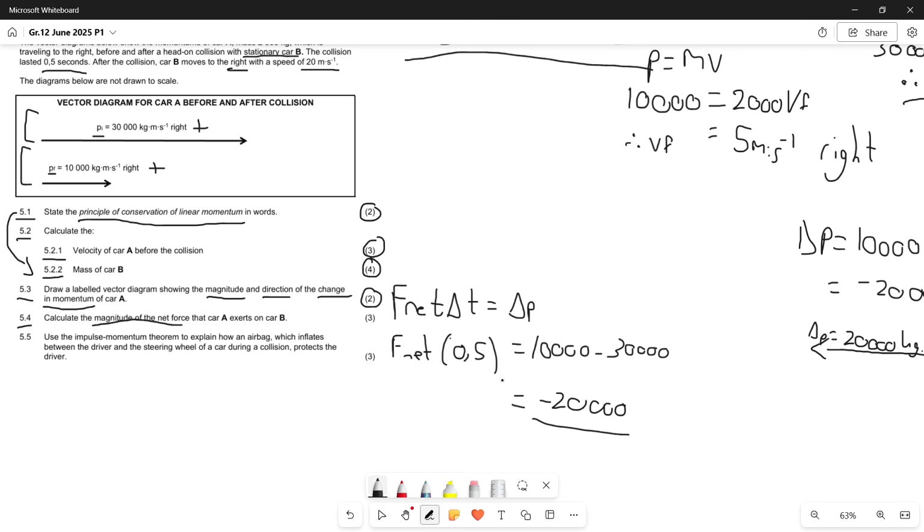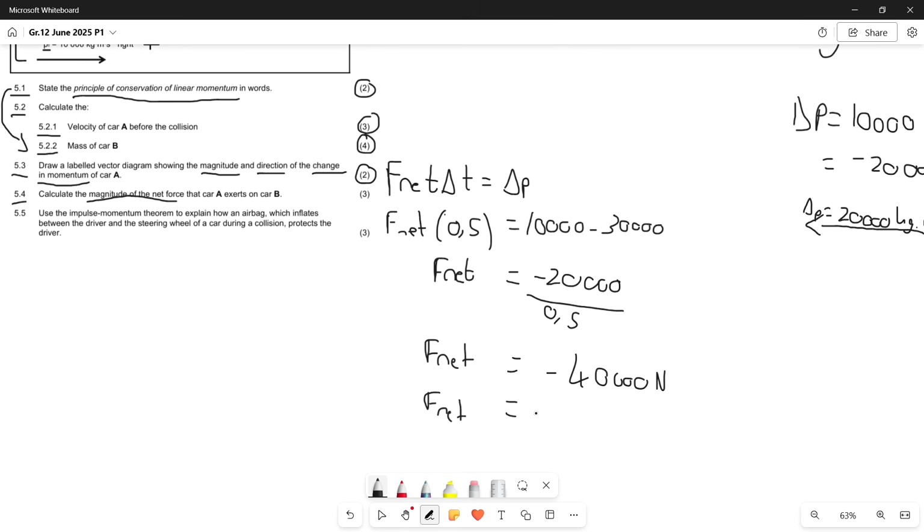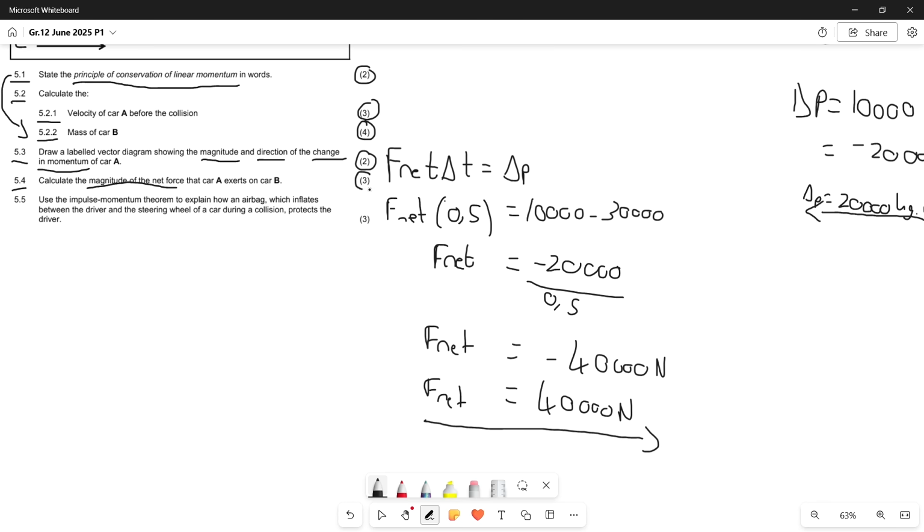And then we can divide by the 0.5 over there, leaving our F net as the only thing on the left side. And that means our final answer for F net is minus 40,000 newtons, which just means it is 40,000 newtons to the left, considering negative is to the left, but they only asked for the magnitude, not the direction. So we can just leave our answer here and we are done with this question. So we just earned 3 marks over there.